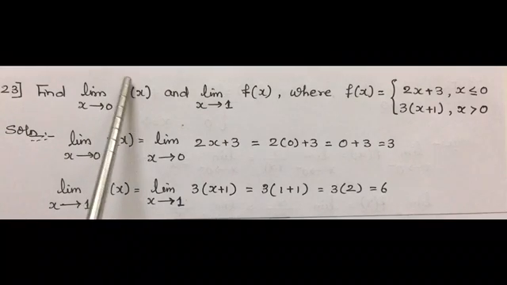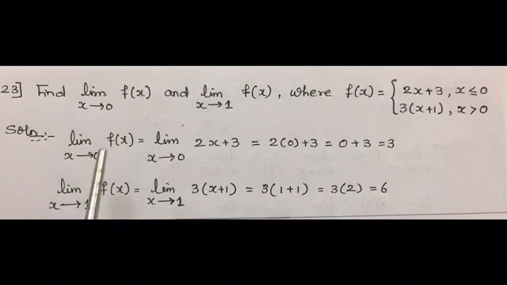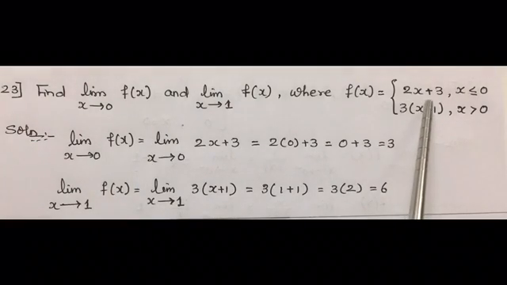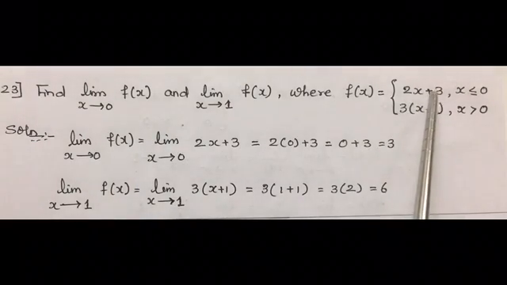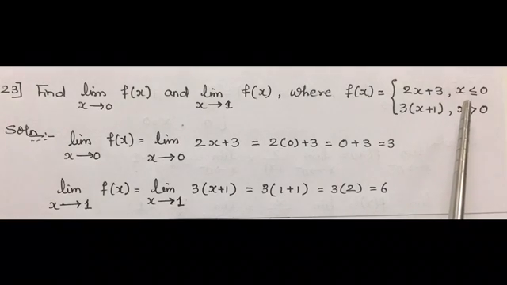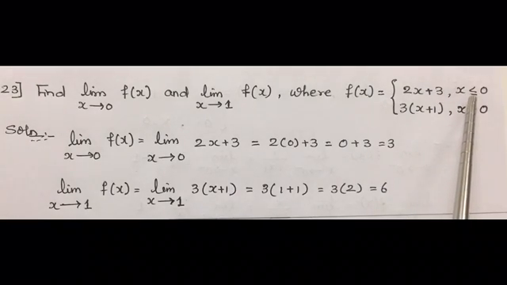Now we'll calculate the first part, that is limit x tends to 0 of f(x). For limit x tends to 0 of f(x), we have to take the first function, that is 2x plus 3, because it is given here equal to 0.